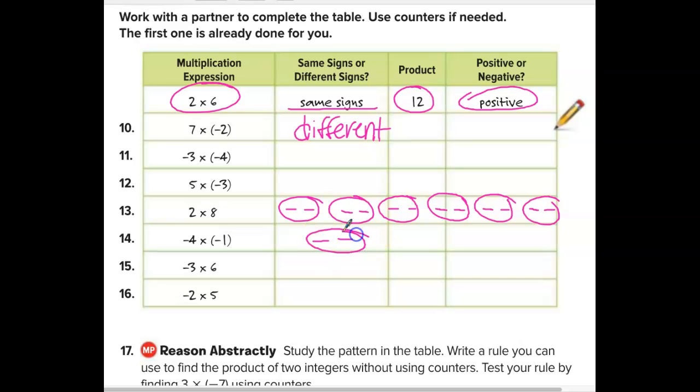Okay, so I made 7 groups of 2 negatives. So I have 2, 4, 6, 8, 10, 12, 14. And are they positive or negative? Negative. So we would have negative 14. I forgot you don't take away after the first number is positive. Okay, so then was my answer positive or negative? Negative.